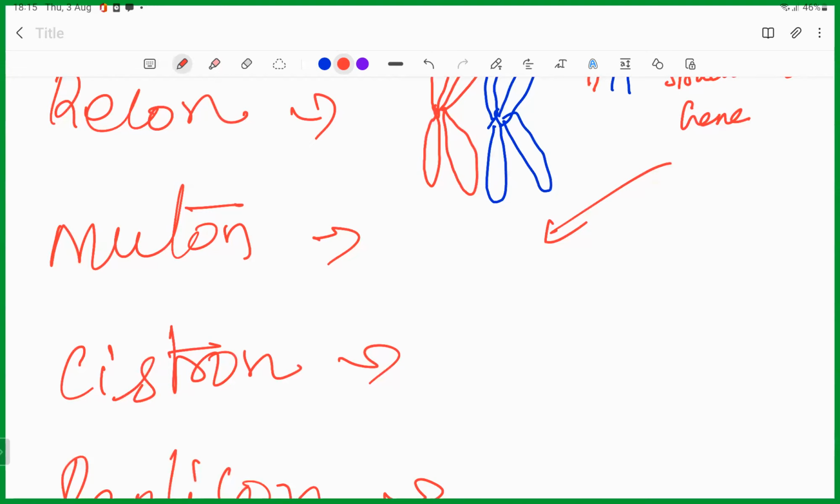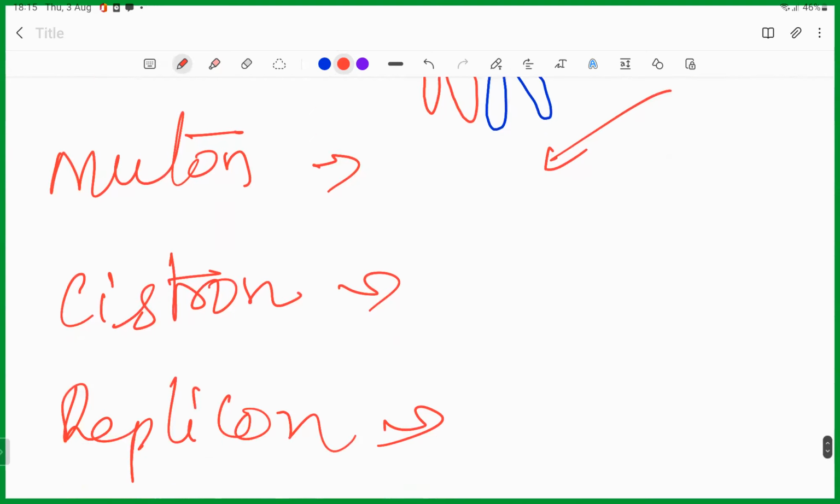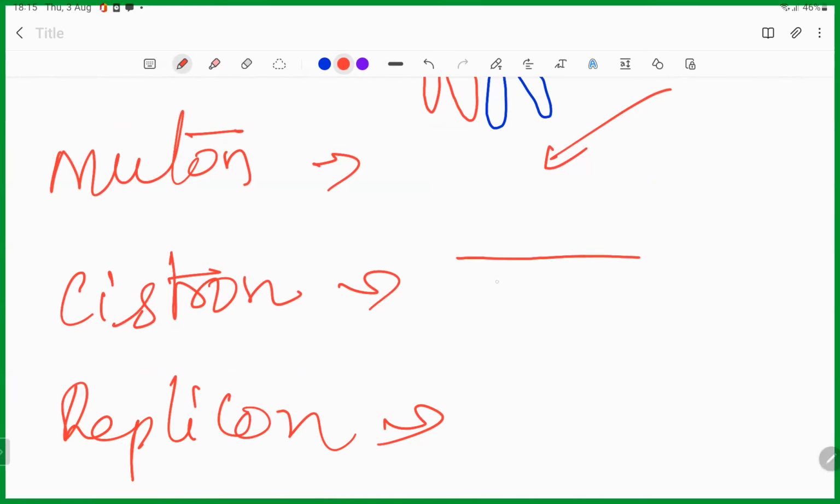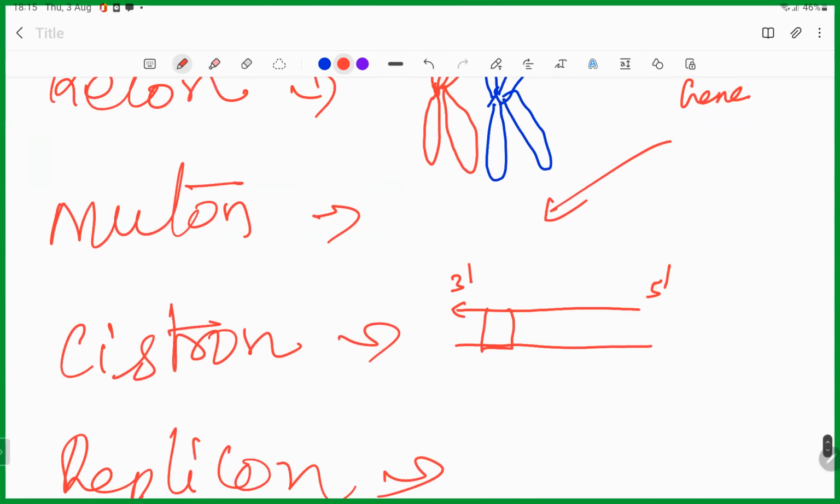For example, the active portion of a gene. This is the structure of cistron. DNA is double stranded. One strand runs in 5' to 3' direction. Another strand runs in the opposite direction, like this.